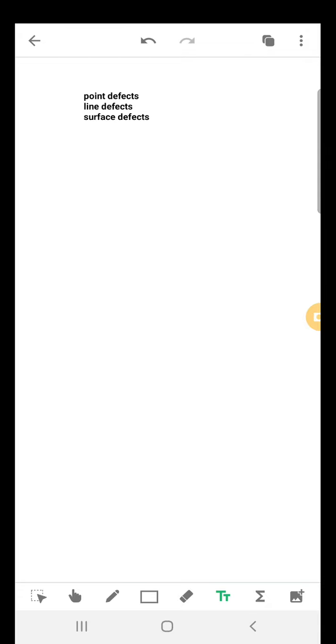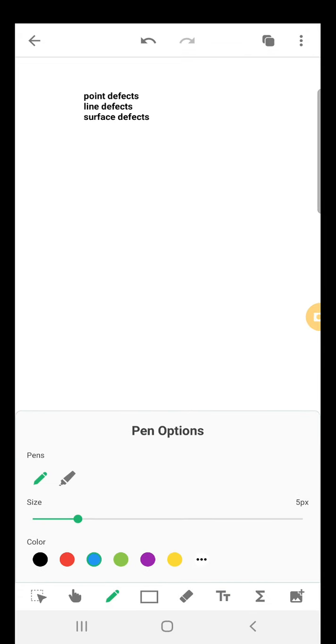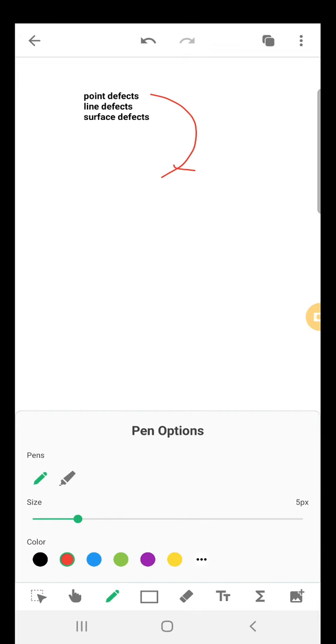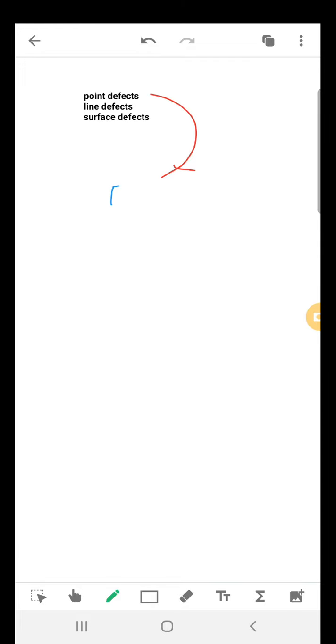So in case of point defects, we have two types of defects. One is called the Frenkel defect, or we have the Schottky defect.